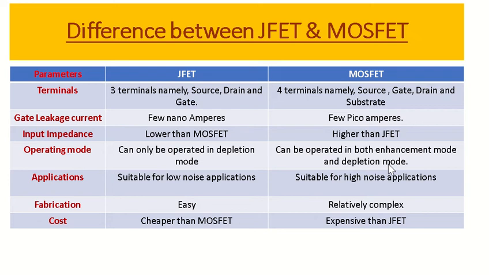Without any input, meaning without any gate voltage application, the device will be in on state. Whereas in case of enhancement, we need to provide some gate voltage, then only the device will be in the on state. I mean the current will be flowing. So that is the enhancement mode of operation.